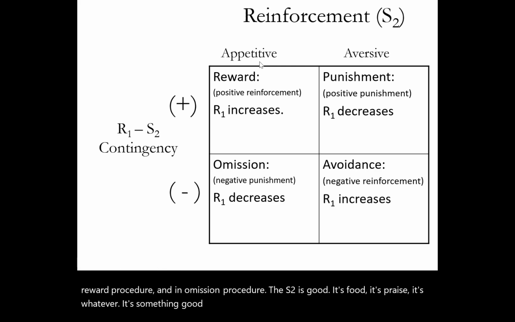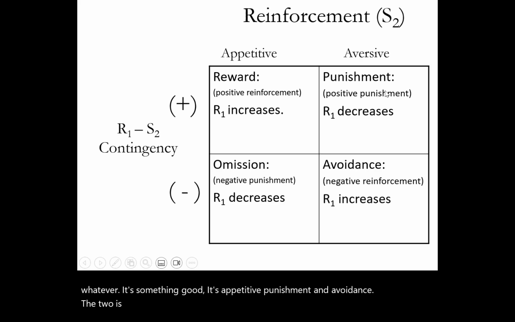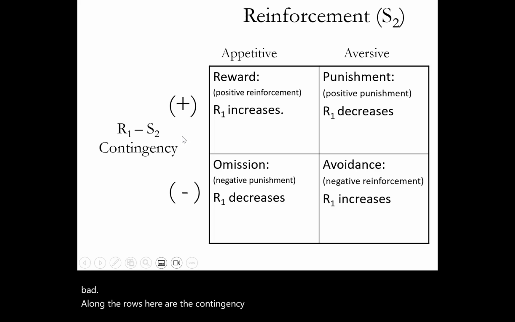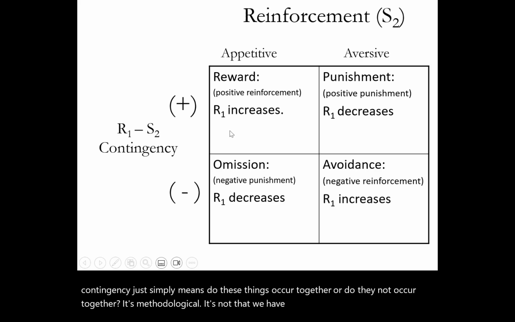It's appetitive. In punishment and avoidance, the S2 is aversive. Shock or being yelled at or something that scares the animal, it's bad. Along the rows here are the contingency between R1 and S2. Again, remember, contingency just simply means, do these things occur together or do they not occur together? It's methodological. It's not that we have connections or associations.